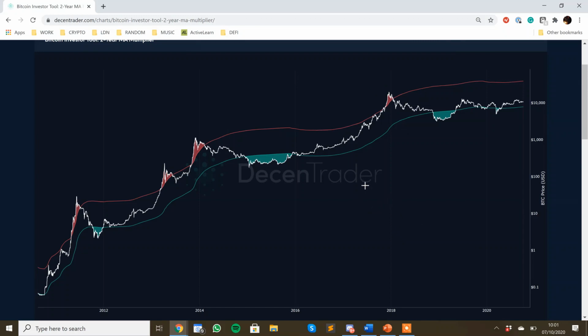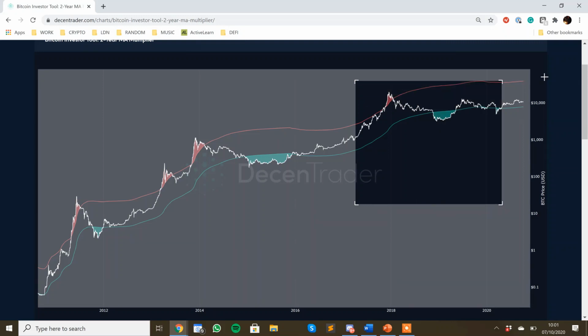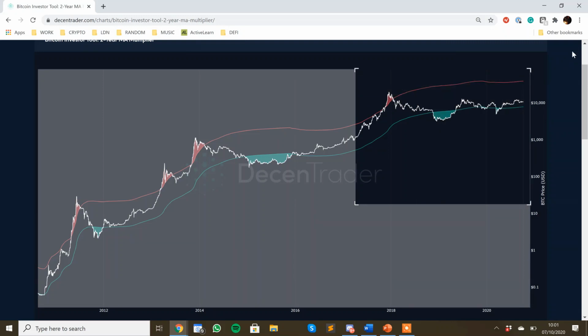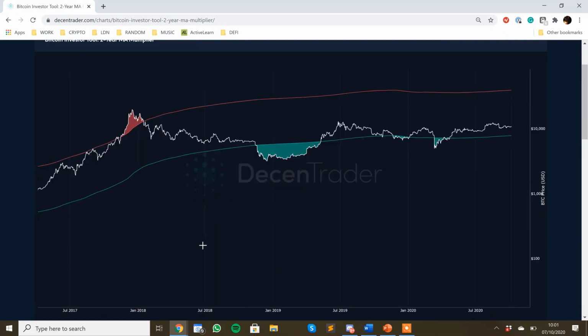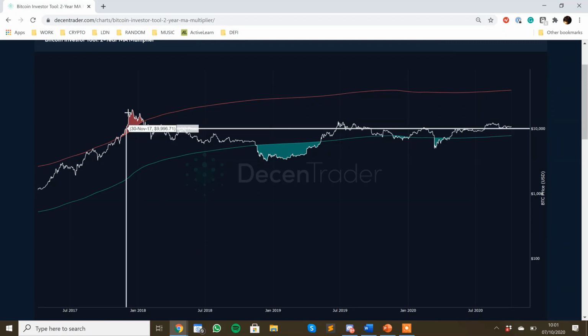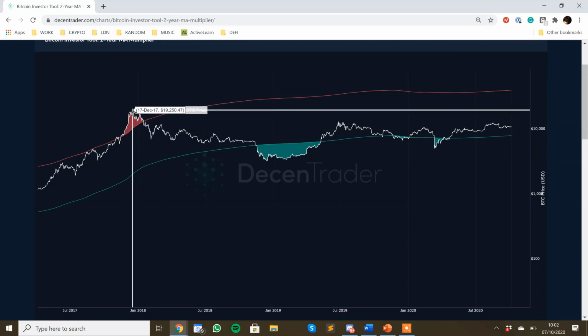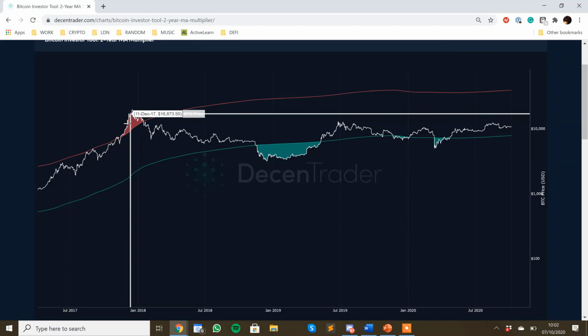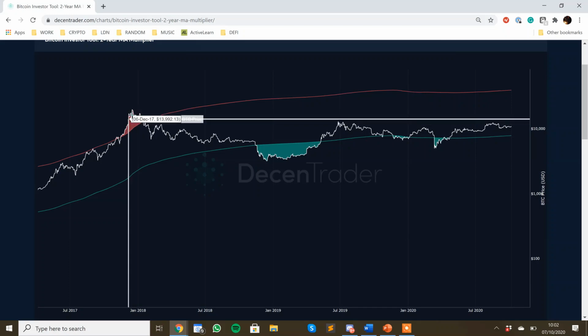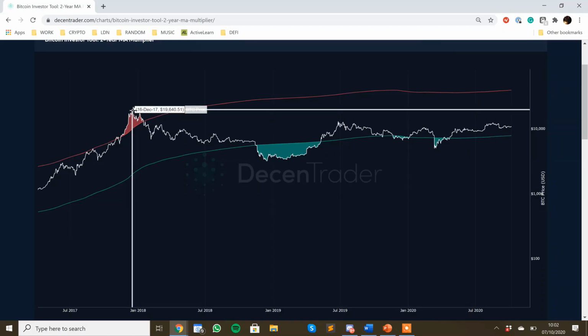So let's have a look at some recent activity, see what this indicator is telling us. We can see that, as I just mentioned, the indicator told you to sell when Bitcoin was topping out the last bull cycle in late 2017, when price was just shy of $20,000.